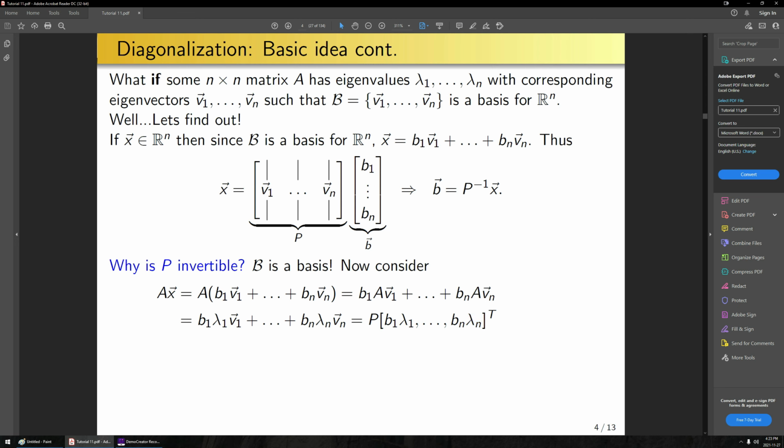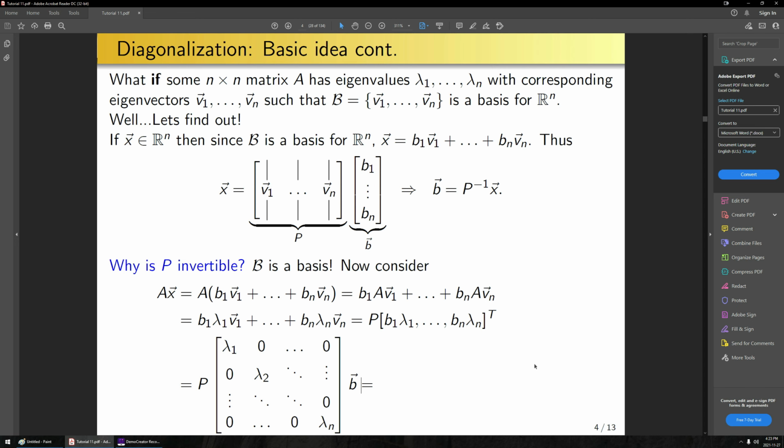So from here, what do I do next? Well, you can notice that I have these lambdas here, so I could rewrite this as a matrix times a vector. The matrix will have these lambdas along the diagonal and zeros everywhere else, and this would just be multiplied by the b vector.